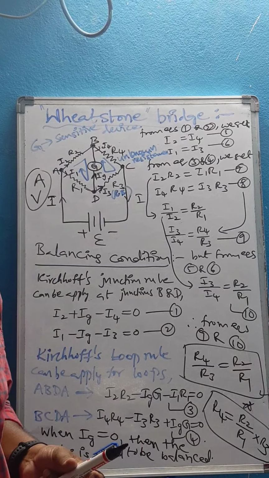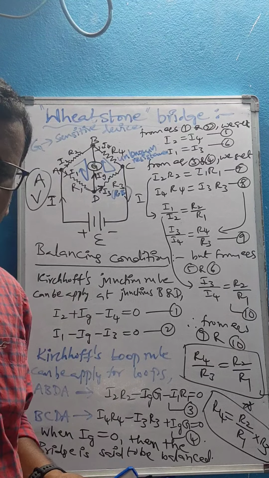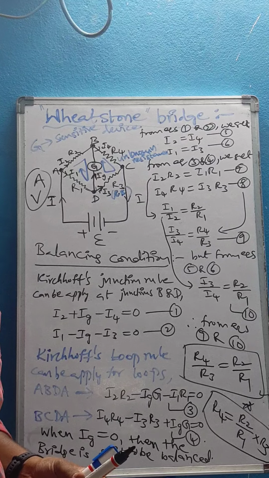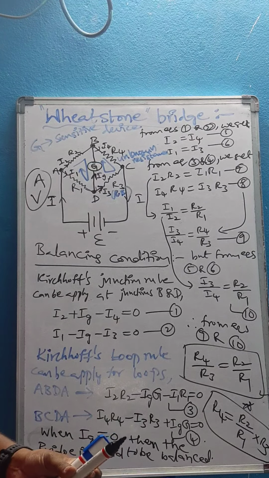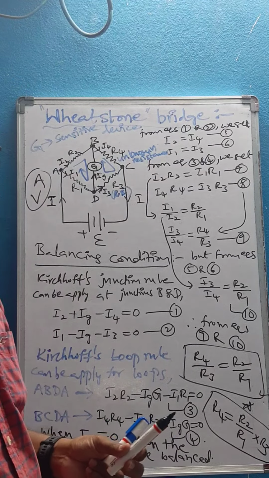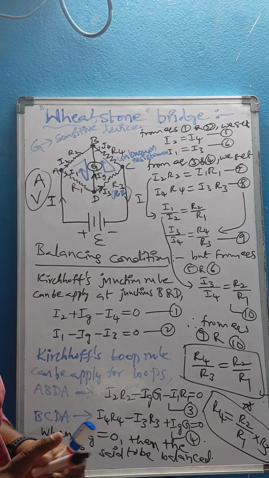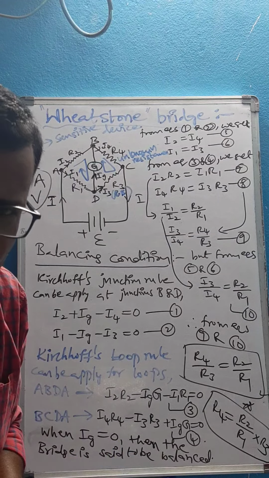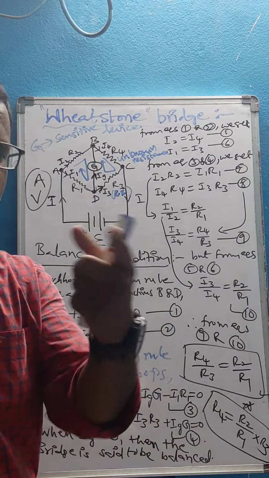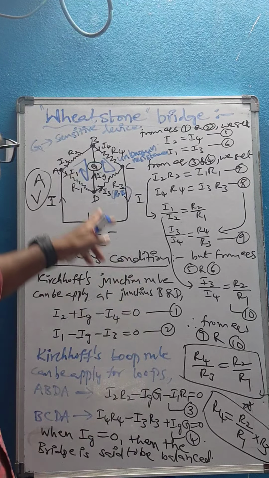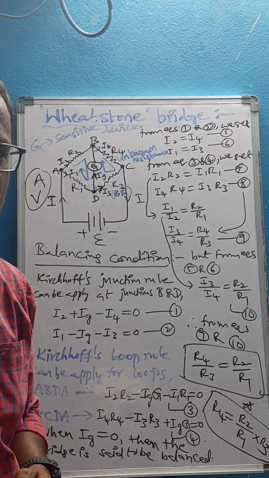Why? Because if you use an ammeter or voltmeter, you can measure readings only above 1 ampere or 1 volt. Less than 1 ampere or 1 volt, you can't measure using the ammeter and voltmeter. But very small currents or voltages, even 0.1 ampere or 0.1 volt, can be measured by the sensitive device, the galvanometer.